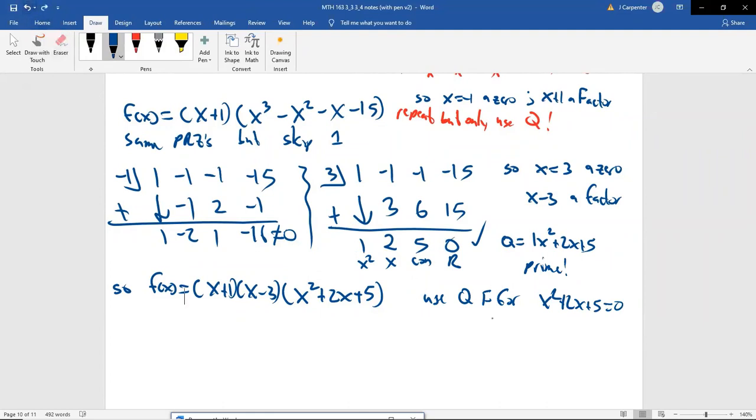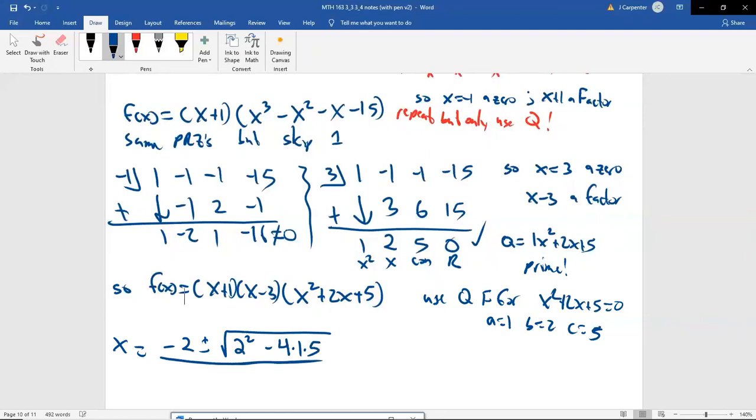So our a is 1, our b is 2, and our c is 5. So x equals -b, so -2, plus or minus, big square root. B squared, which is 2 squared, minus 4 times a, which is 1, times c, which is 5, all over 2a, which is 2 times 1.